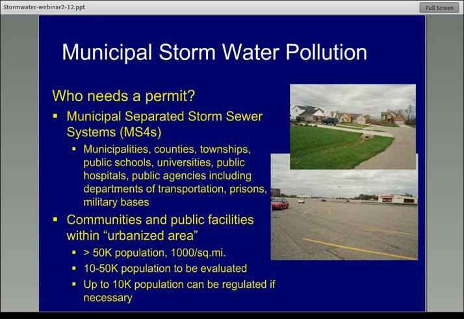A lot of times they've been within another larger urban MS4 permit. So whether the departments of transportation are co-permittees or increasingly have their own permit, it's important to find out because of how pervasive roads and the stormwater off roads are in terms of our waterways.